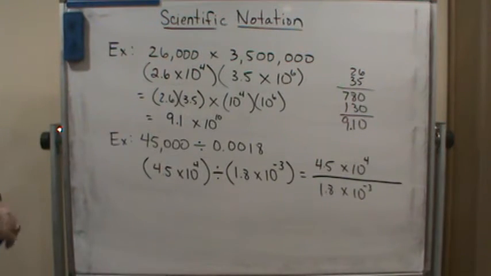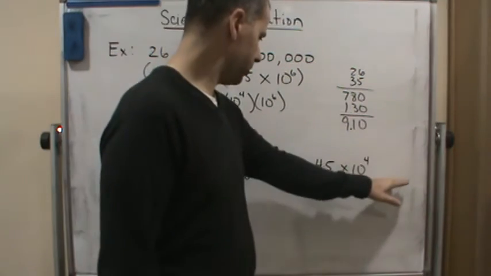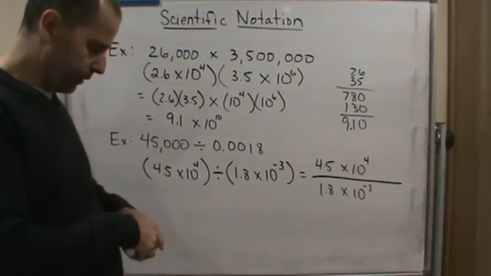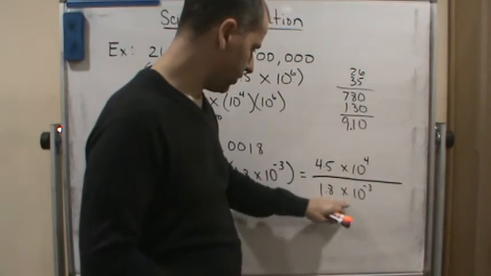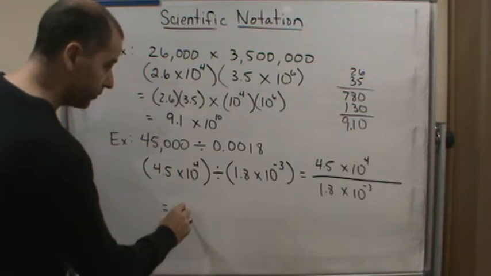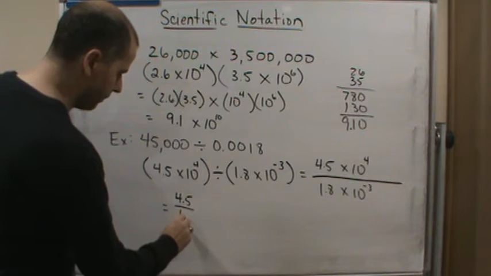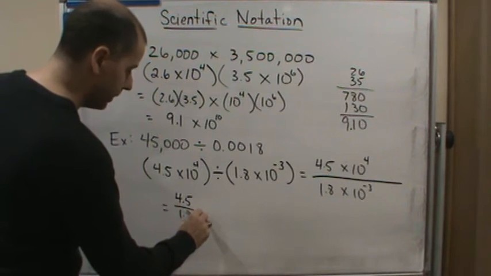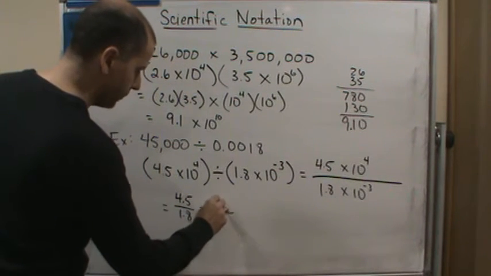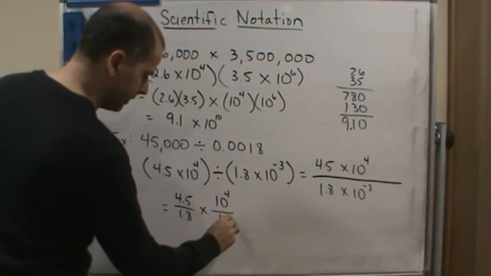All I did was change from the division symbol to using a fraction bar. Because this is multiplication with division, I can split this up and write it this way. So this would be the same as 4.5 divided by 1.8 times 10 to the fourth divided by 10 to the negative third.